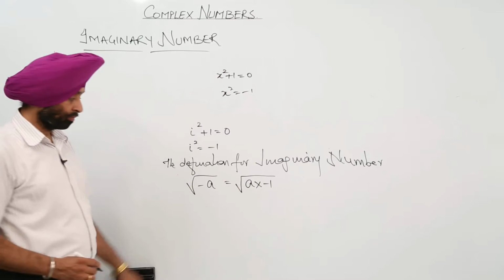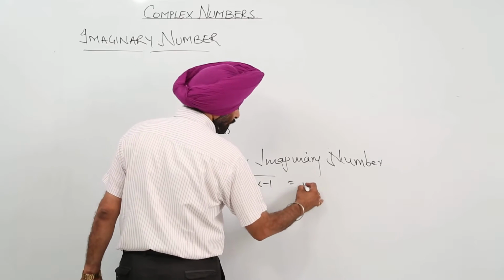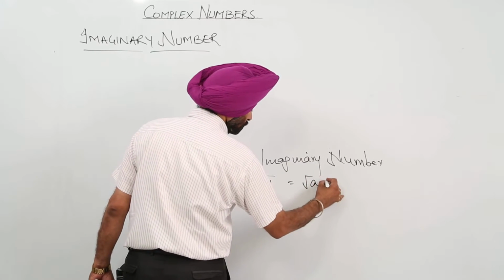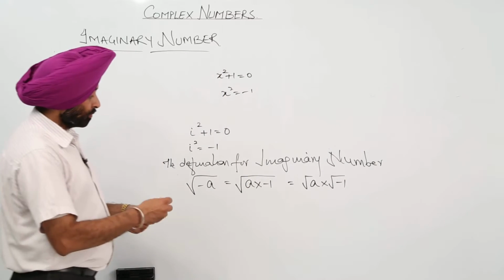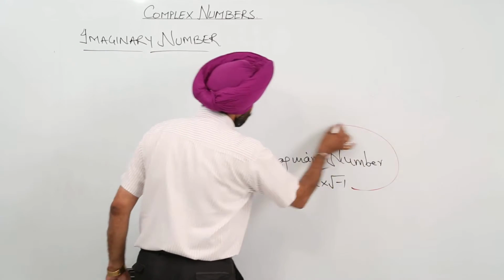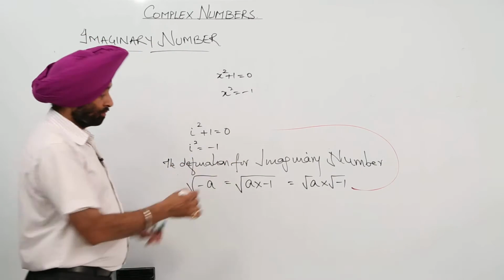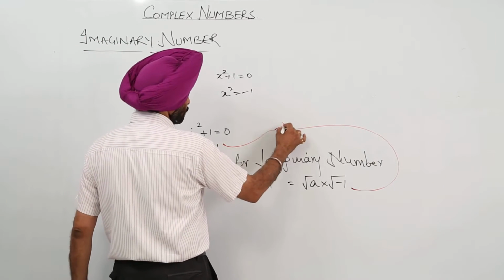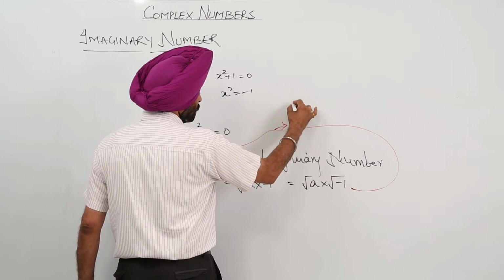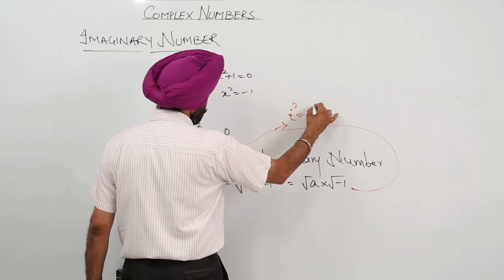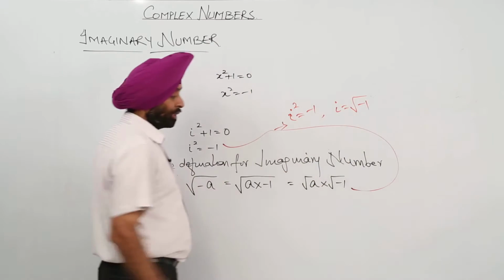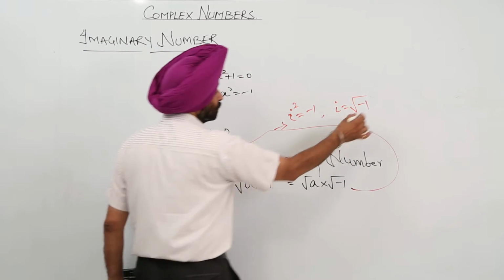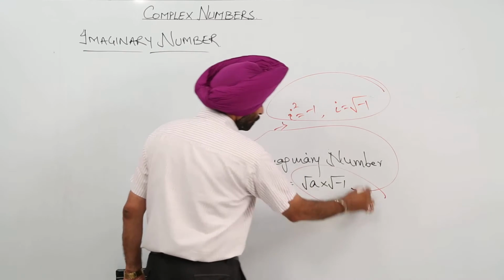And from where do we get this? From here we can write i square is equal to negative of 1, then i is equal to square root of negative 1. Is it okay? Now comparing this part and this part.